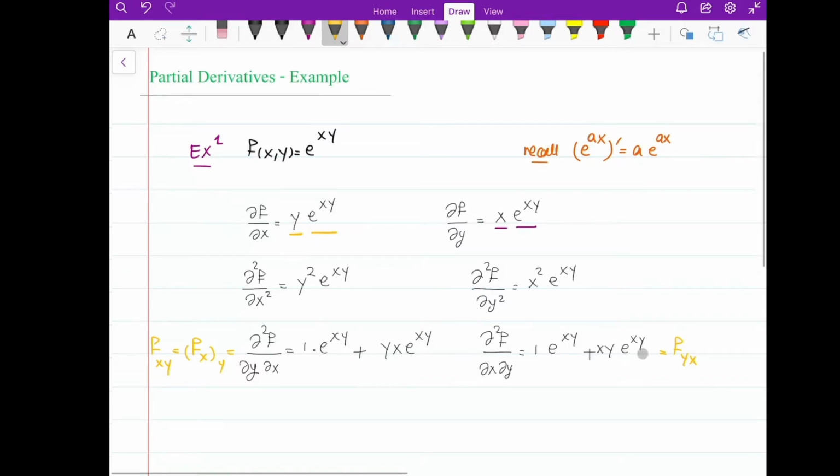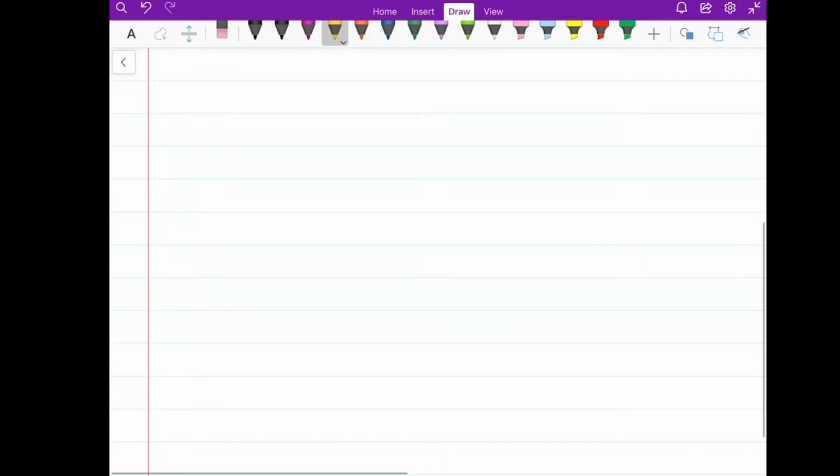Let's go to the second example. The function f of x and y is cosine of 3x plus 5y. What is fyxy?